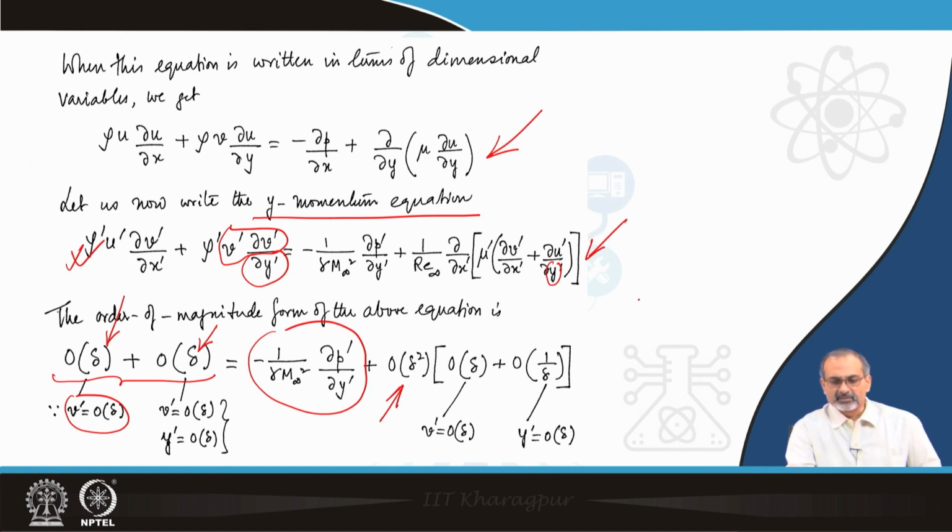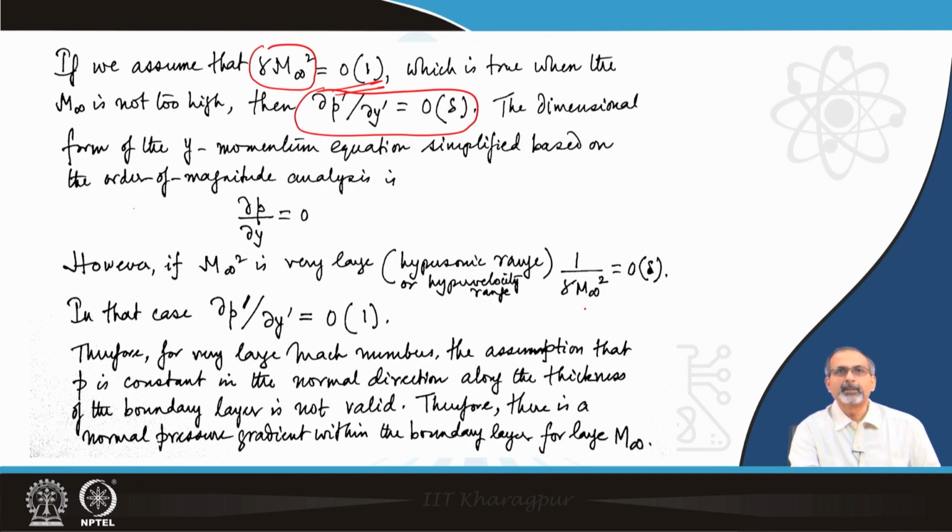So, this establishes the fact that this also is going to be of order delta if this condition is fulfilled. The dimensional form of the y momentum equation simplified based on this order of magnitude analysis would then be del p del y equal to 0, which is a familiar outcome.